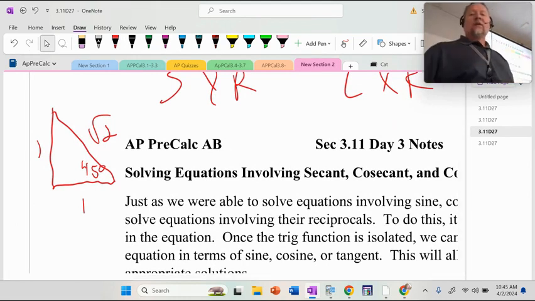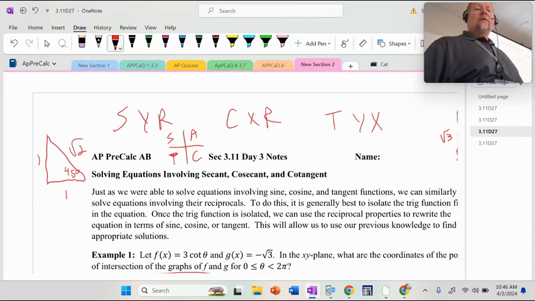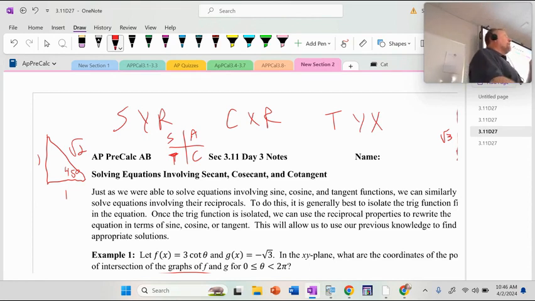One more thing, I probably should have centered this better. ASTC. What does that tell you? Where all those trig functions are positive. Correct. But now what we have to do is understand that cosecant is the flip of sine. So cosecant is r over y.